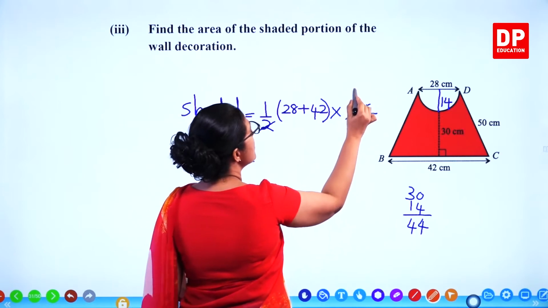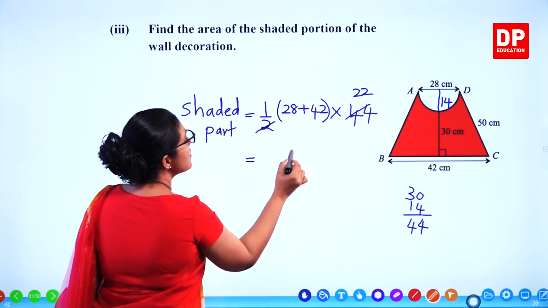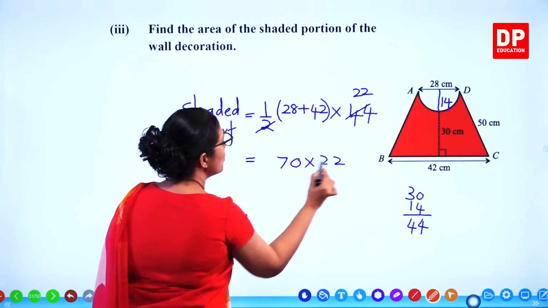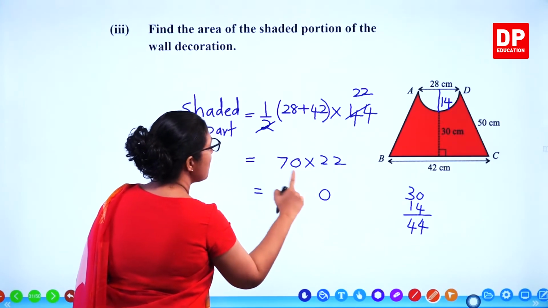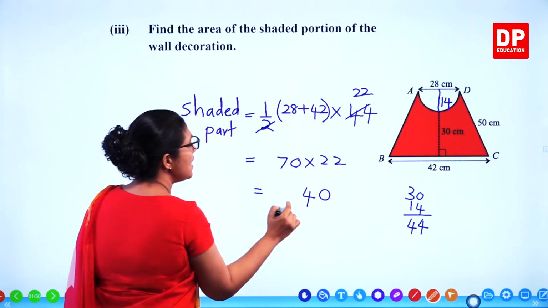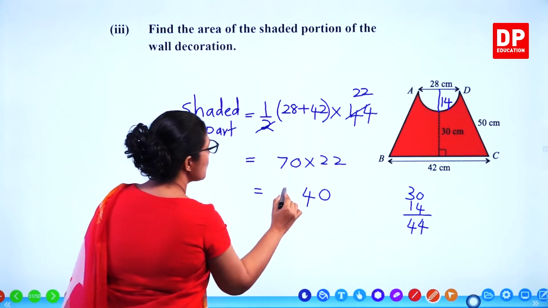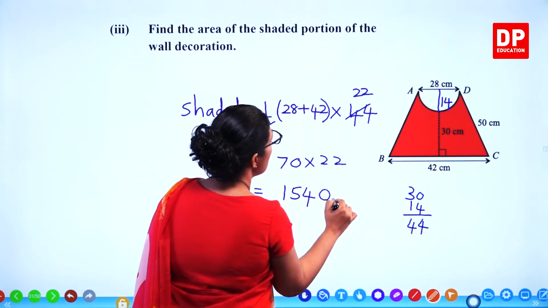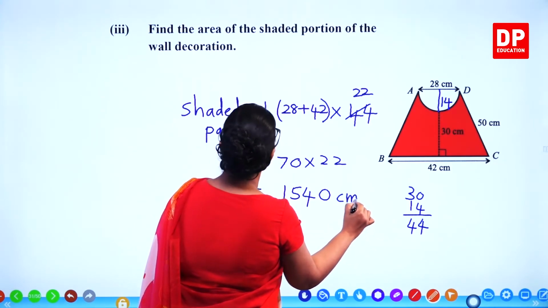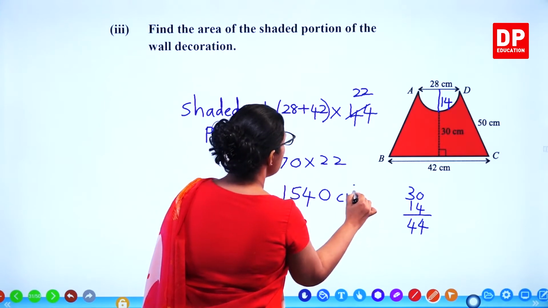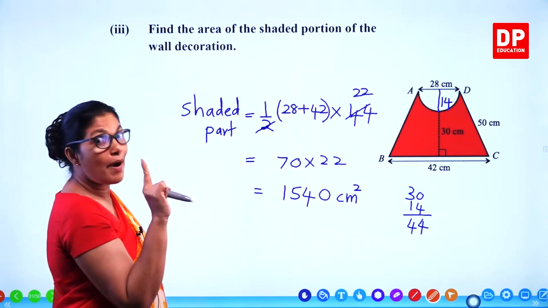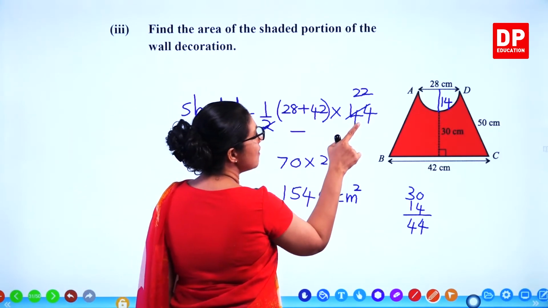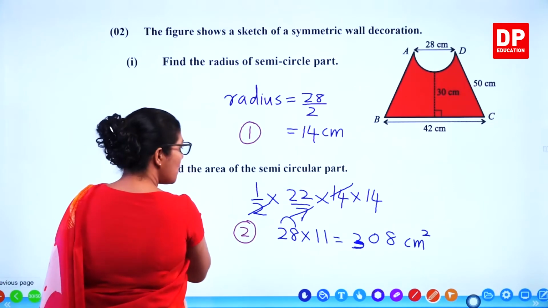2 times 22. What's the addition? 70 into 22. You can multiply by 7. 7 times 2, 14. 7 times 2, 14 plus 1, 15. 1540 square centimeters. That's not the shaded part. That's the trapezium. Minus, we found out the area of the semicircular part.